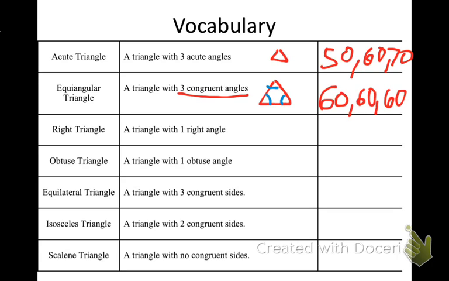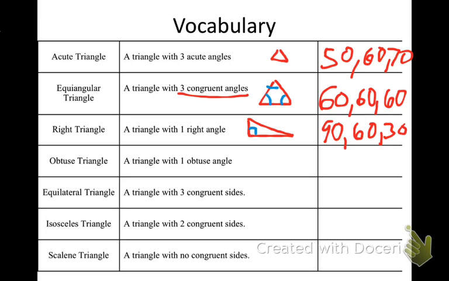A right triangle is a triangle with exactly one right angle. So if I look here, something like that is a right triangle, and it's usually denoted as such with the right angle symbol in there. So anything with a right angle, so let's go 90, 60, 30, which is a special right triangle we'll talk about in another chapter.